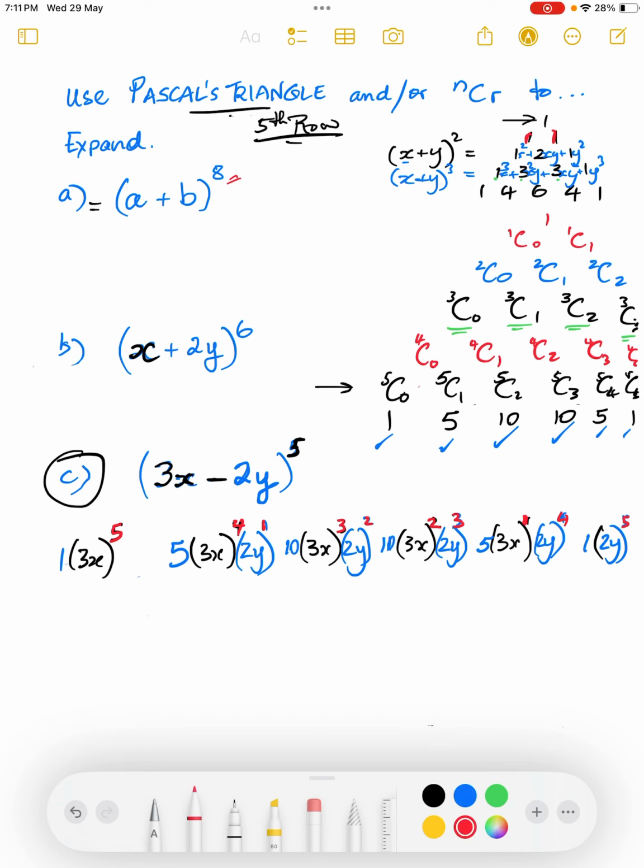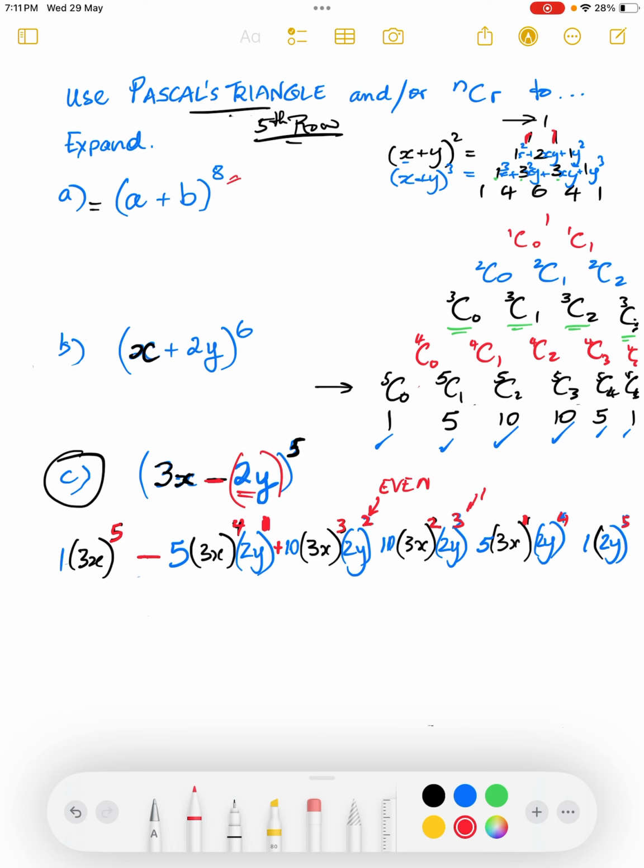What's different here is a minus. Whenever we have a minus with an odd power, it's going to be a negative. So the 2y is actually negative, and here we've got 2y to the power of 1, so that would make a negative. But here we've got a negative 2y times a negative 2y squared, and that would be a plus. So whenever we have an even power on our 2y, we would have a plus.